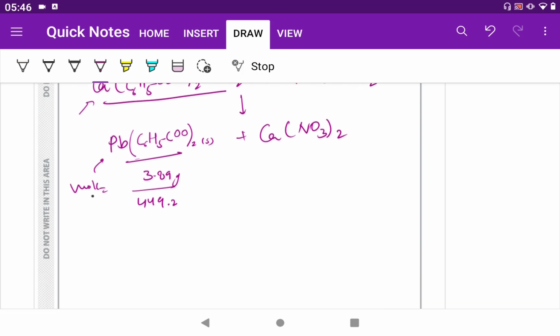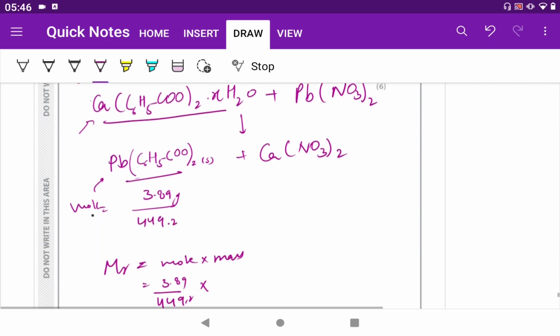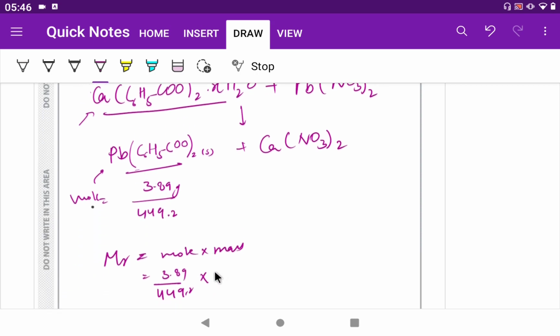So what I can use, Mr of this can be found by the number of moles multiplied by mass. So number of moles is 3.89, and multiply the mass. So the mass is 2.6. Sorry, I used the wrong one.